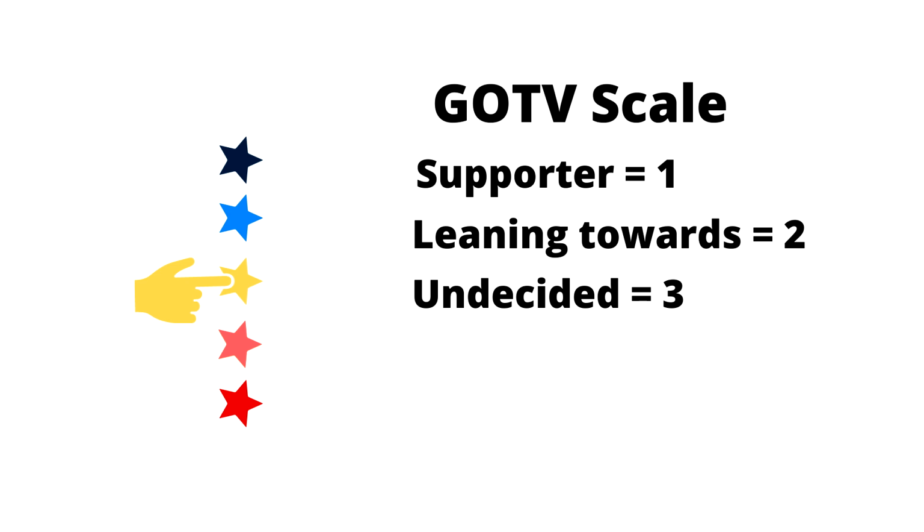So, then we have the people that are 4s and 5s. Anyone who, let's say, is a Republican and hates Trump and would rather not have him on the ballot, but still voted for him because he's a Republican, is labeled a 4, which is a leaning away.